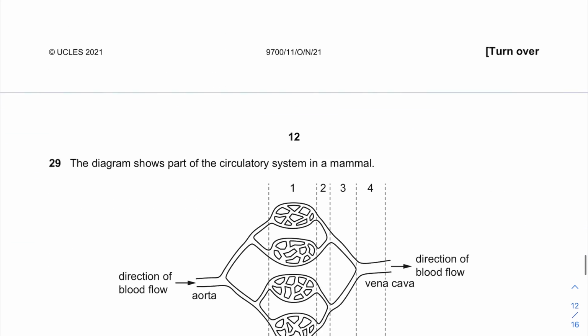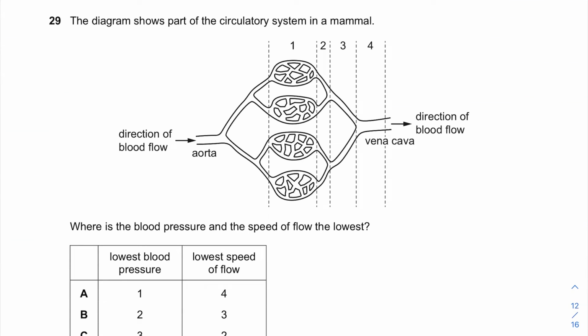29. The diagram shows part of the circulatory system in a mammal. So we have the direction of the blood flow. This is from the heart, oxygenated blood. From the heart it travels through the rest of the body, and then the oxygenated blood becomes deoxygenated blood, which gets collected back to the vena cava.